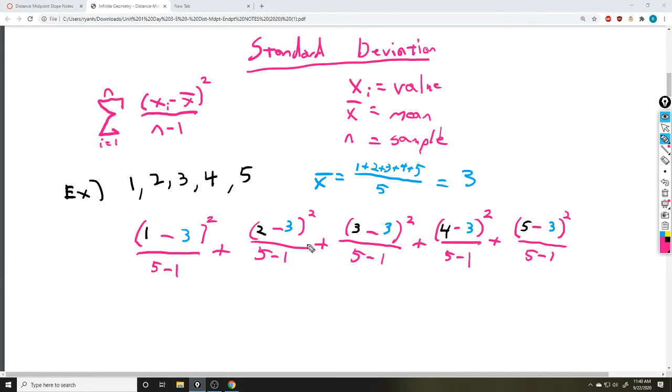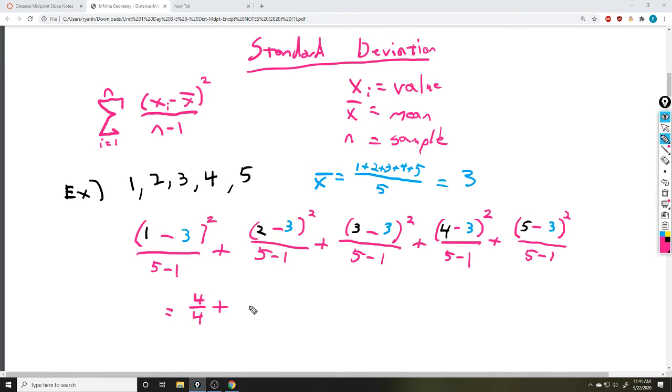Okay, so we take these, add them all together. So for our first term, we have 1 minus 3, which is a negative 2, which is squared. So that's going to be 4. Over 5 minus 1 is 4. Plus 2 minus 3 is going to be negative 1 squared.